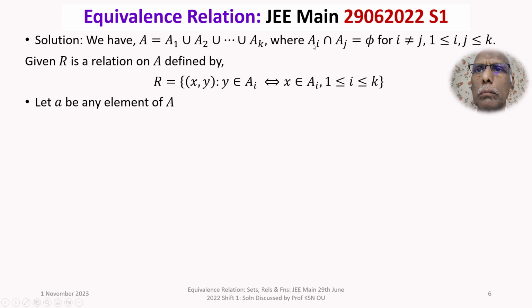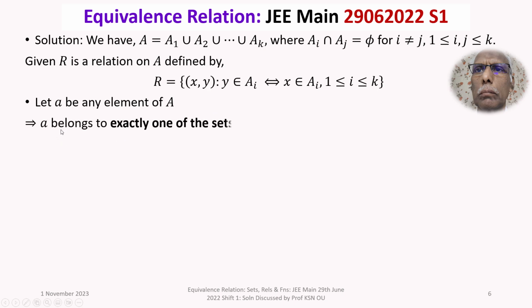But you know, Ai intersection Aj is empty. Now A1 intersection A2 will be empty. That means a belongs to the empty set, which is not true. Therefore, when a belongs to A, then a belongs to exactly one of these sets A1, A2, etc., AK. That's the argument.